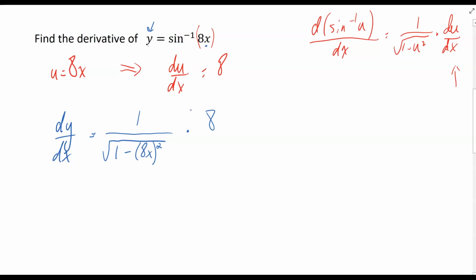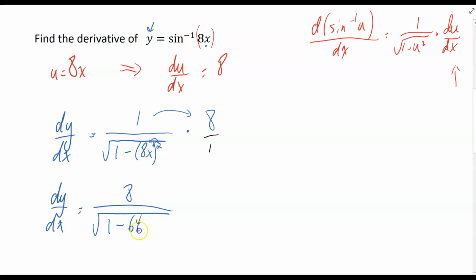Okay, so just to tidy this up, that 8 is over 1, right? So when we multiply fractions, let's see how this works out. dy dx equals 1 times 8. I'm going to multiply these two. That's 8 over the square root of 1 minus, well, this square is on the 8, it's also on the x, 64x squared. And we're finished.